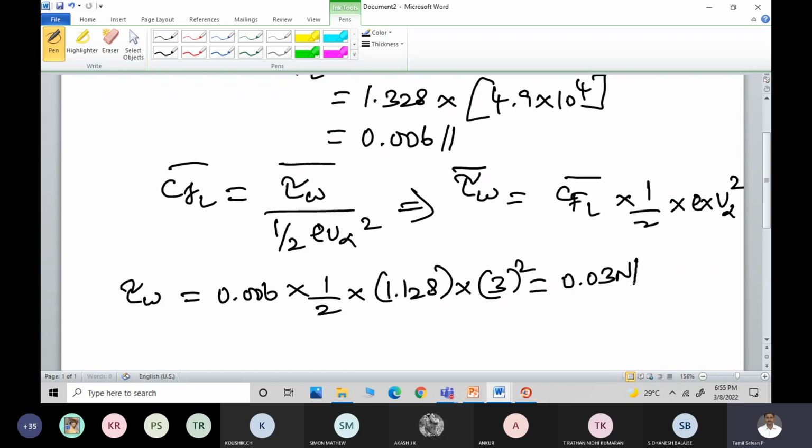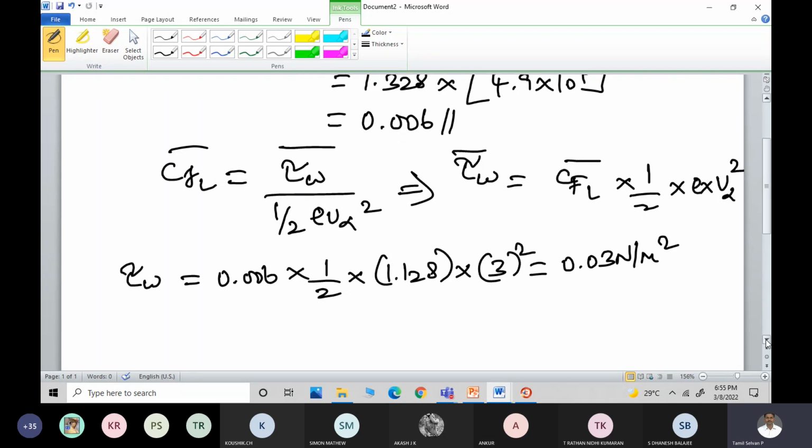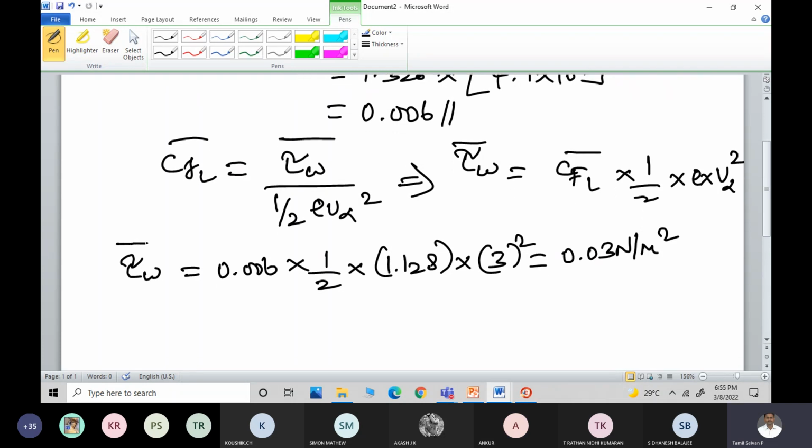Is it correct, students? All of you are getting it? Yes, sir. Okay, and so we have found the average shear stress, equal to this.